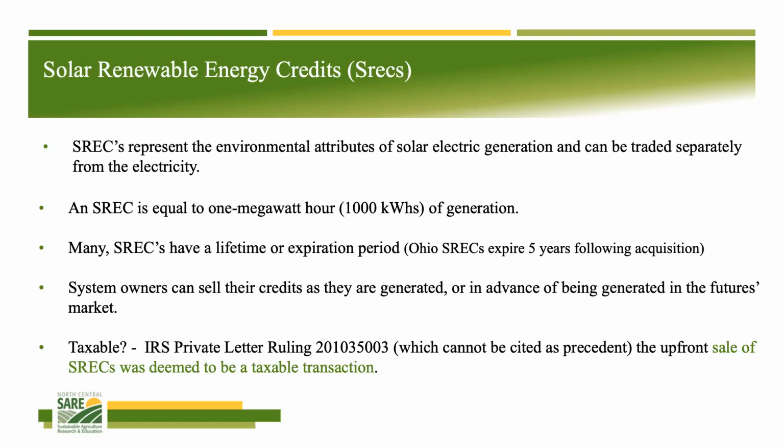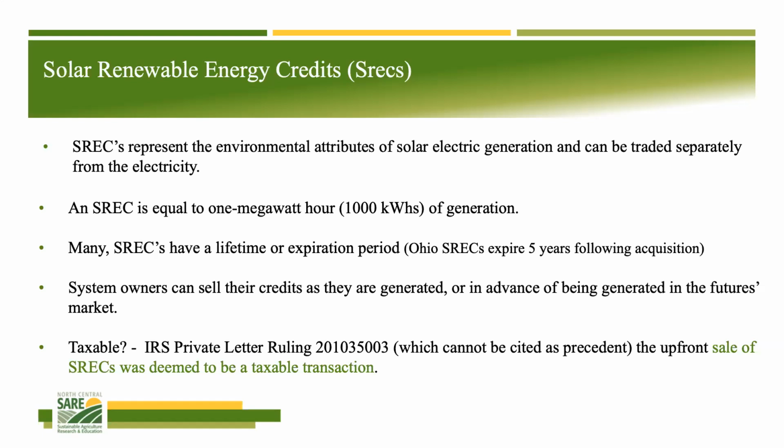I've seen some developers that will actually purchase SRECs up front, and so they'll give you upfront cash, purchase SRECs, and then they'll go ahead and play the markets to sell those. One thing to keep in mind, I did see a couple of examples back in like 2012 to 2014, where some farms were looking at proposals of $40,000 to $50,000 up front, where they would receive upfront cash for the sale of their SRECs.